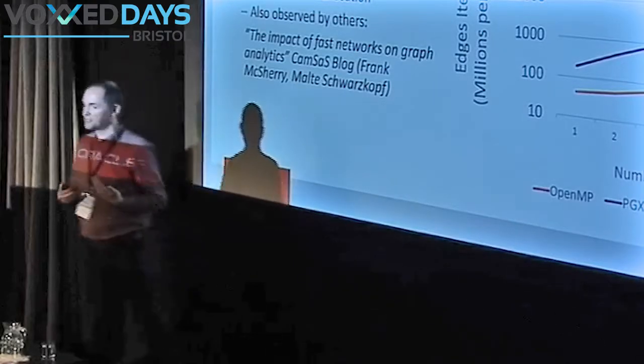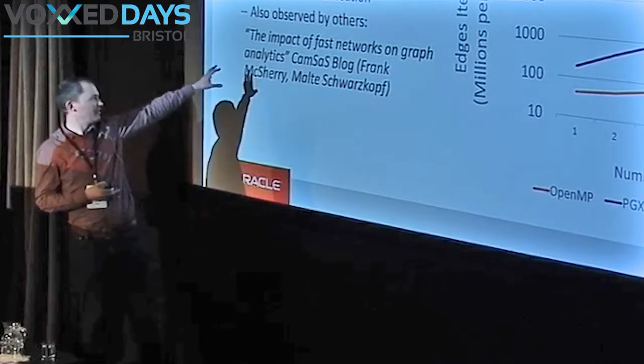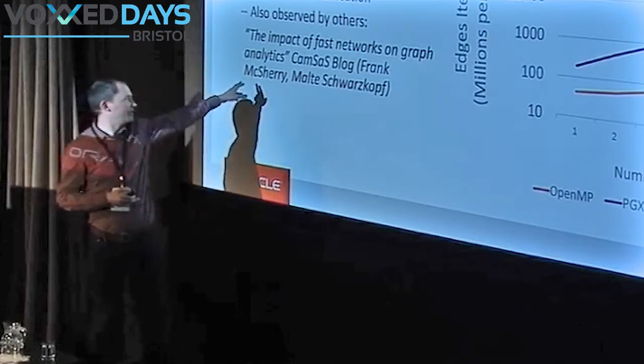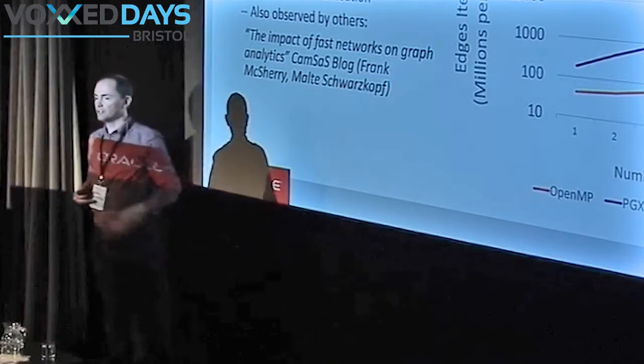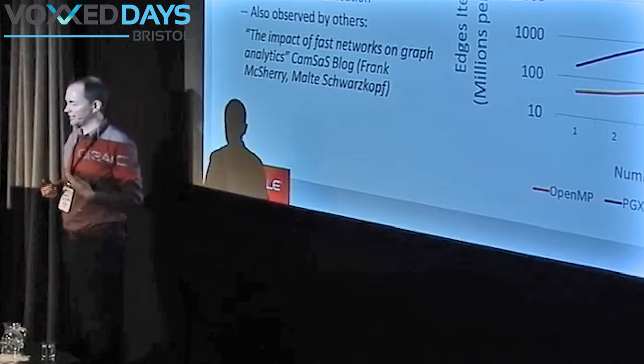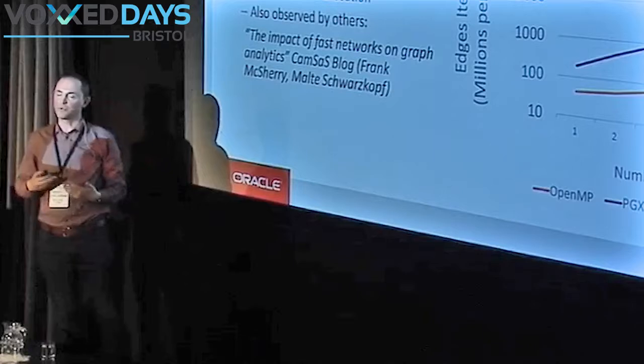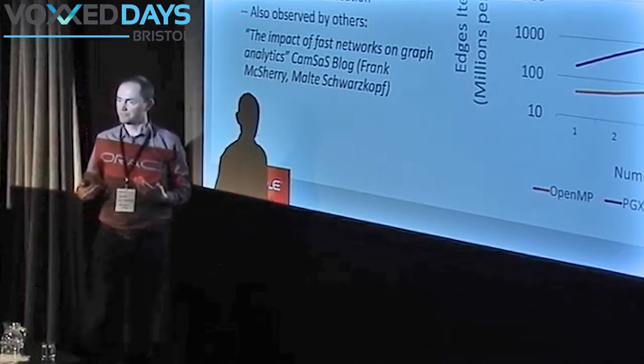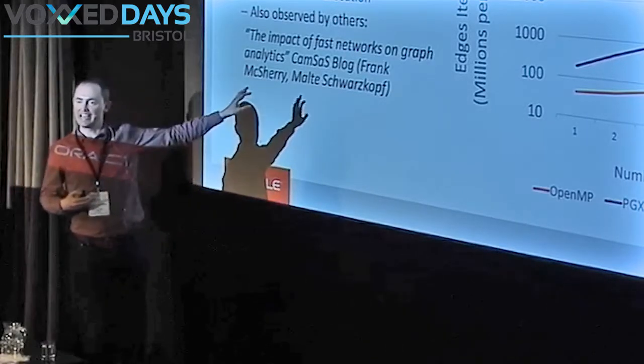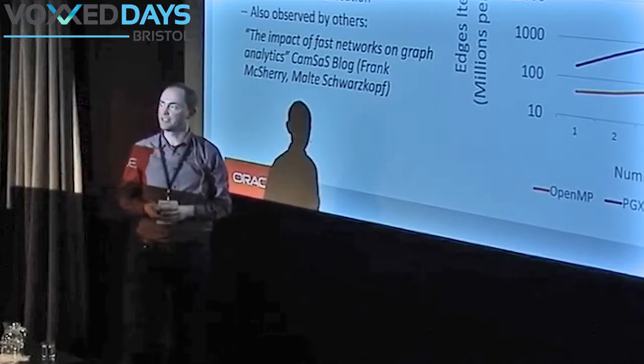And we've seen some observations along these lines. There's a very nice set of blog articles by Frank McSherry, who's looked at some of the different graph analytics systems and compared them to the performance of basic sequential C code running on his laptop. So if you Google for Frank McSherry laptop, he's got a lot of great examples like that.